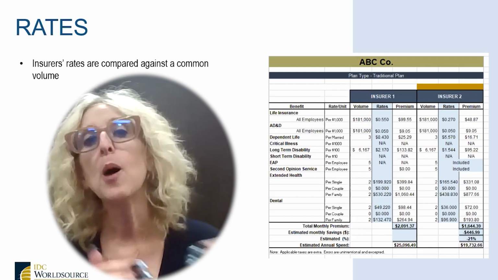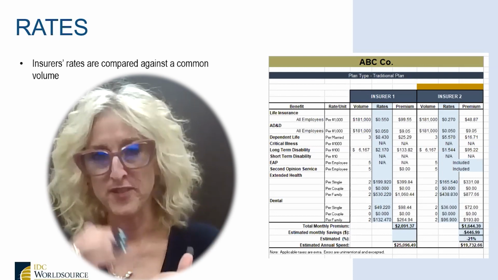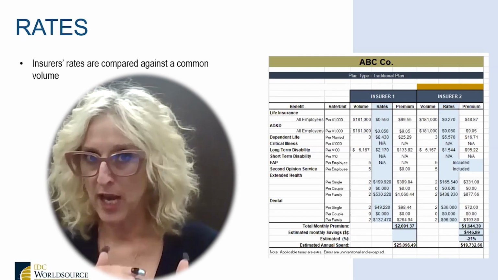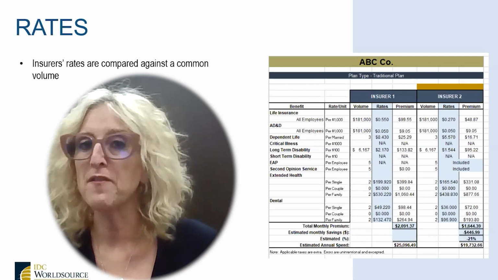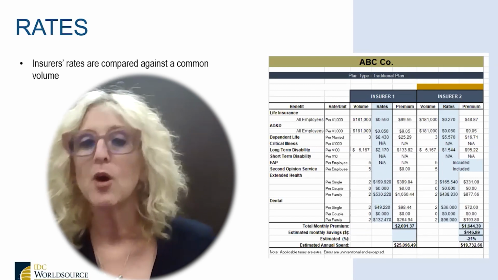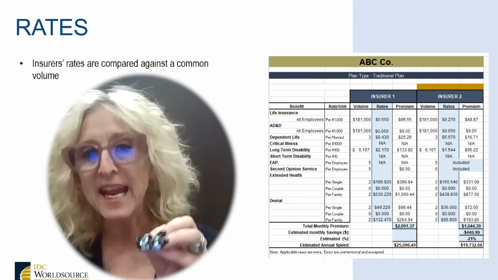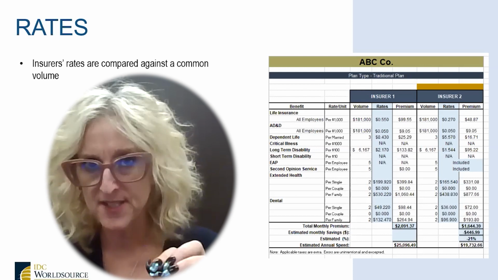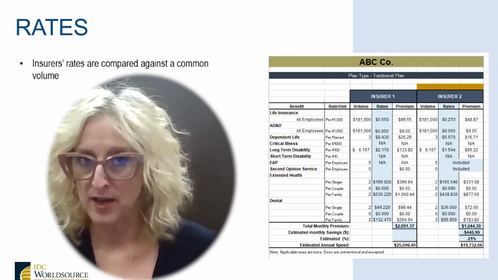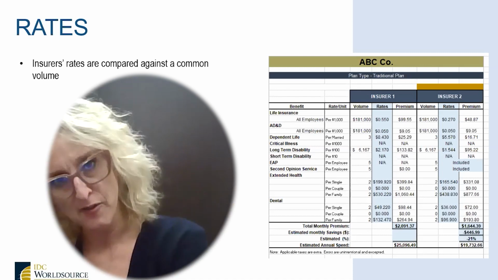We will do that. But remember, when we've done this marketing proposal, we've also showcased the carriers that we felt would be the best match for your client. And it might not be rates. As I said before, when we do these presentations, we do benefits first, rates after.